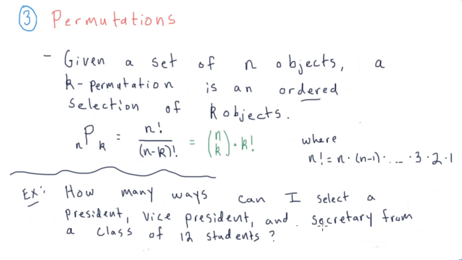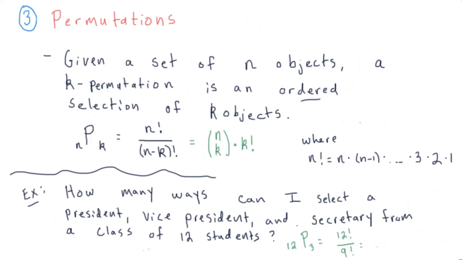So how many are there? There's 12 permute 3. That's going to be 12 factorial divided by 12 minus 3 factorial, or 9 factorial.